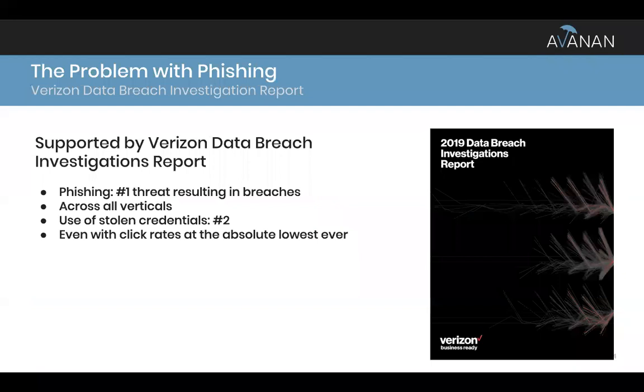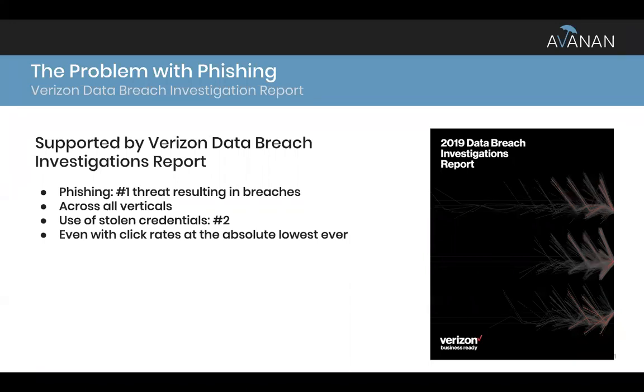This is really validated by what Verizon is talking about. If you look at their 2019 Data Breach Investigations Report, where they looked at a bunch of breaches that occurred in 2018 and did the analysis across all the industries, they found essentially two things. One is that the number one threat resulting in breach was phishing.